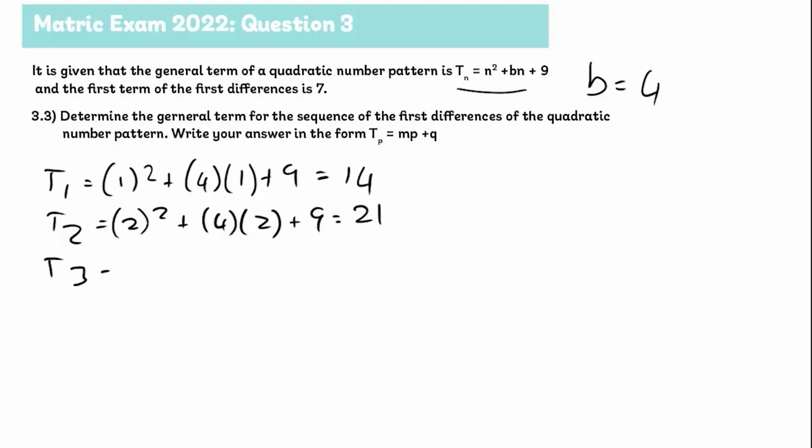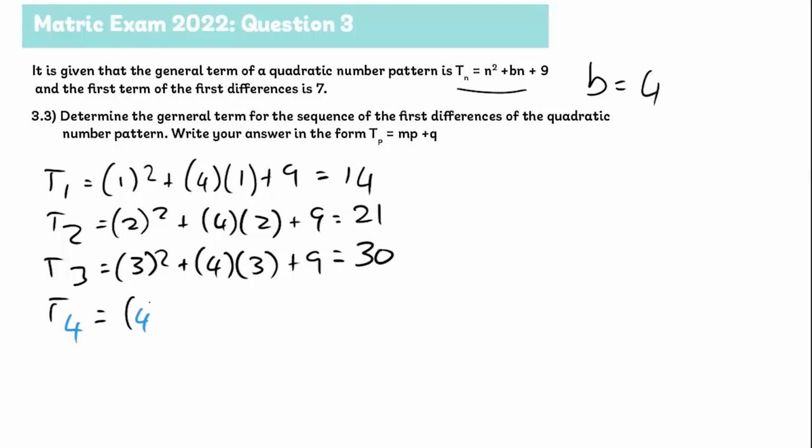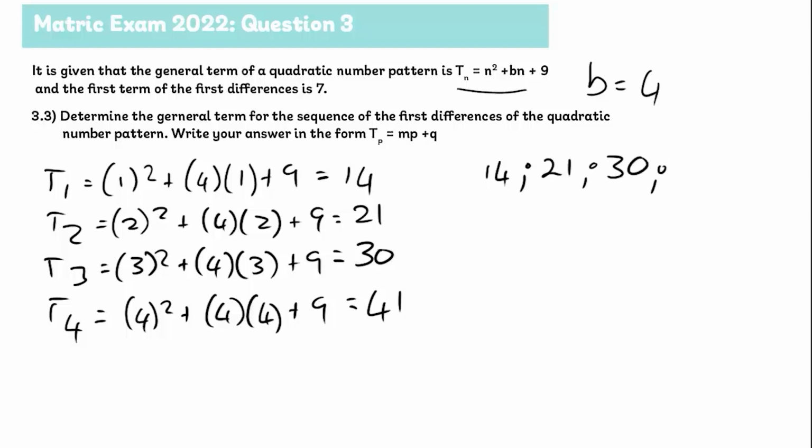Term 3 is 3 squared plus 4 times 3 plus 9, and we get 30. And then term 4 is 4 squared plus 4 times 4 plus 9, and that equals 41. So what we have is 14, 21, 30, and 41.